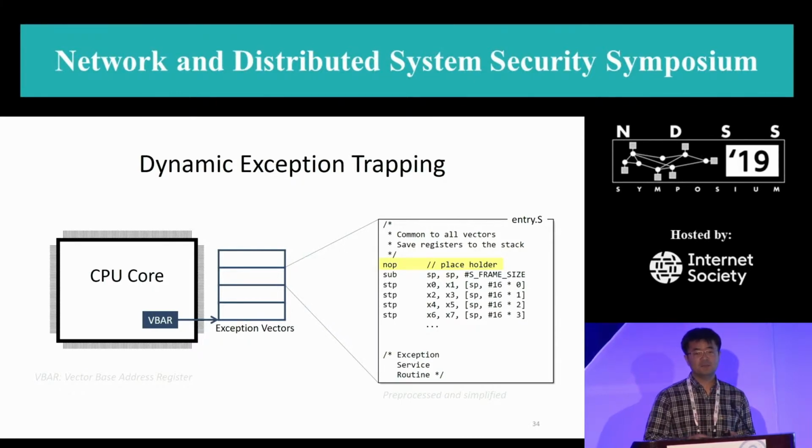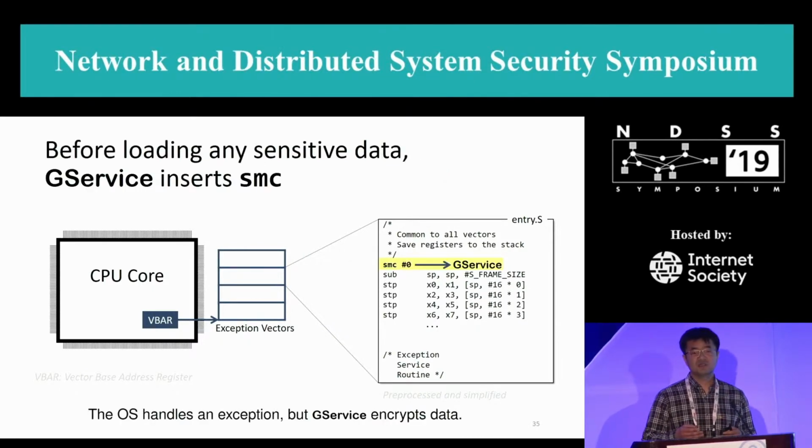And at runtime, before the Ginseng service loads any sensitive data from the secure stack to registers, it replaces this instruction with an SMC instruction. That means the SMC instruction will be the first instruction to be executed on an exception. This is possible because only the Ginseng service can load sensitive data from the secure stack to registers.